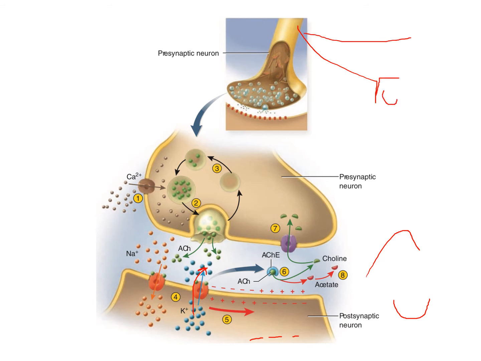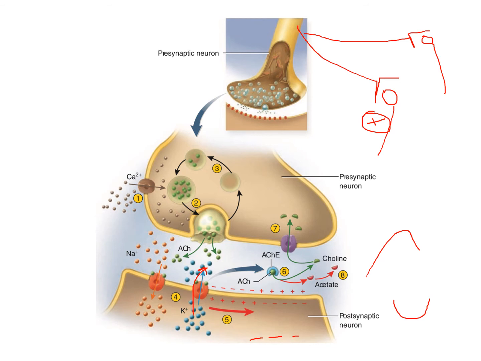But this can go to a neuron that has ligand-gated sodium channels, and this can go to a neuron that has ligand-gated potassium channels. This acetylcholine is going to activate that cell. Why? Because it is going to help it reach its threshold, because the sodium is going to depolarize the cell a little bit, and it's going to help it reach its threshold in order to shoot an action potential.